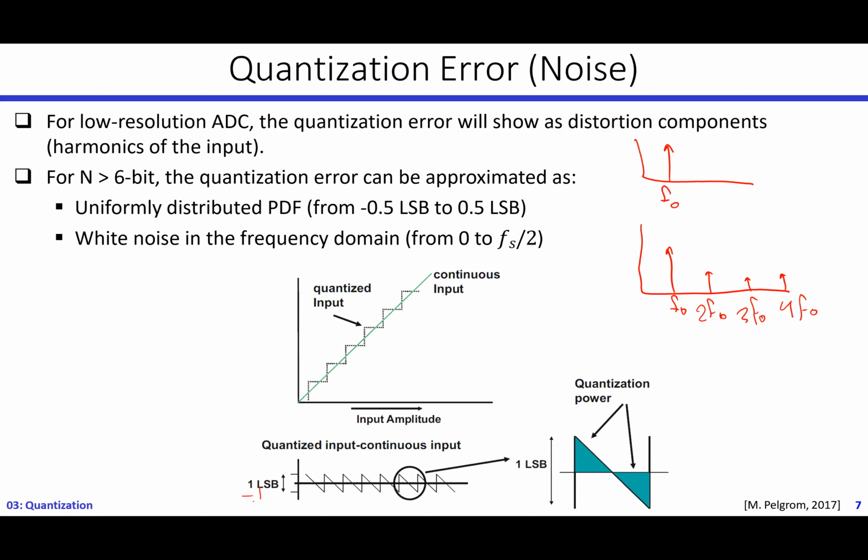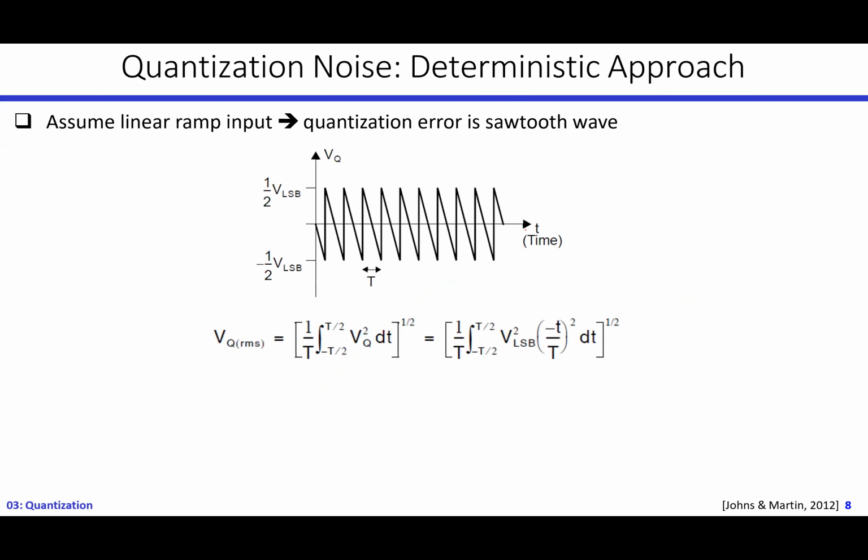So this is minus half LSB, or minus half delta, to half delta, the minimum and maximum values that it can take. So it is uniformly distributed between those two values, and therefore I can assume it as white noise in my bandwidth of interest, from 0 to half of the sampling frequency.